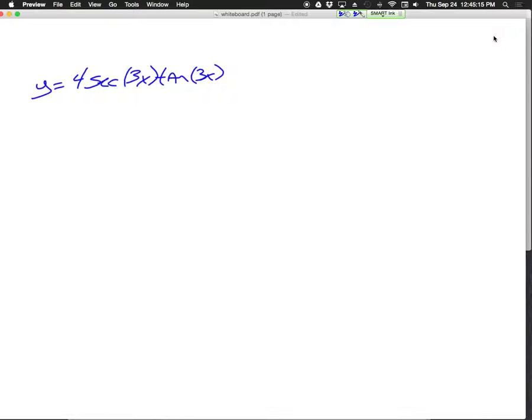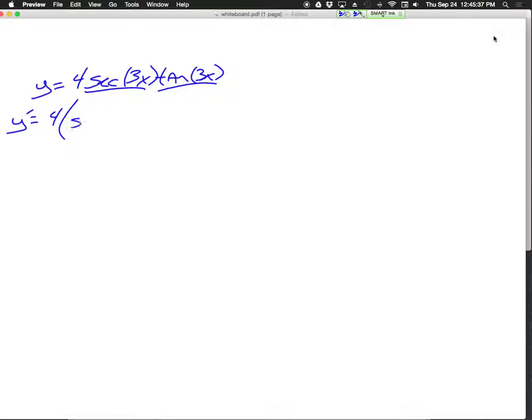What do you think here? Product rule and a chain rule. So what happens to the 4? It stays the same. So the 4 stays there, and then I have a product rule between those two right there.